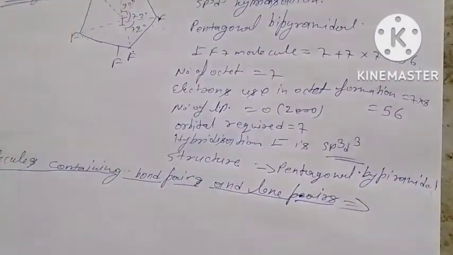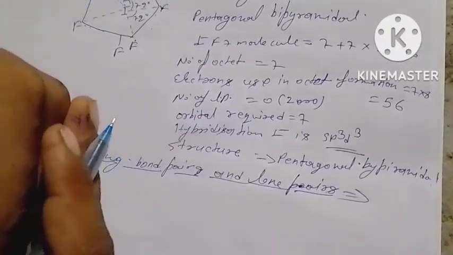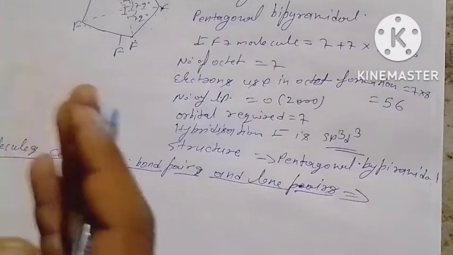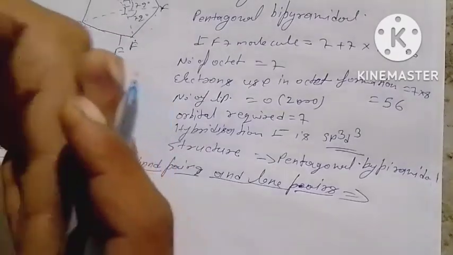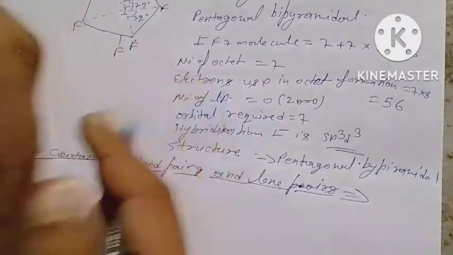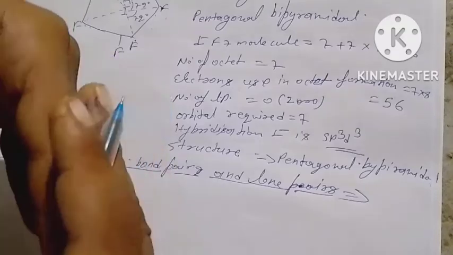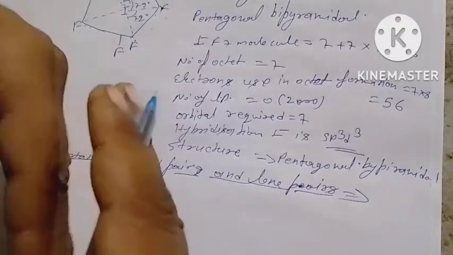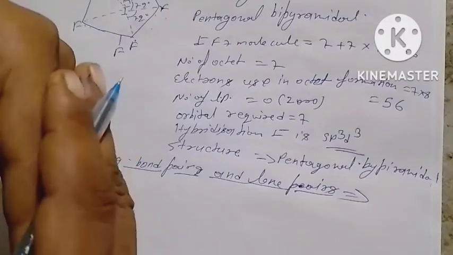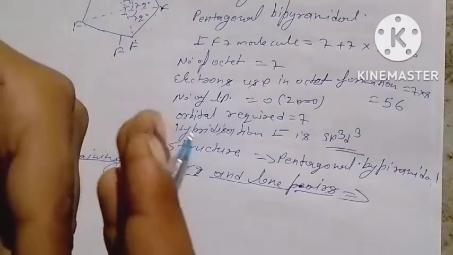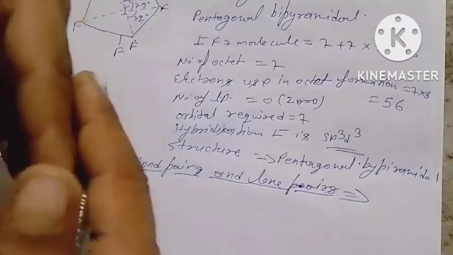The presence of one or more lone pairs causes some distortion in the geometry of molecules. The shape of molecules containing bond pairs as well as lone pairs of electrons is determined by VSEPR theory and hybridization. The shape of the molecules is irregular.